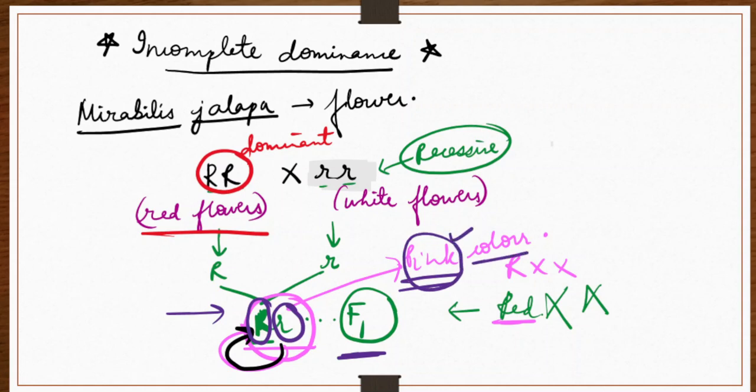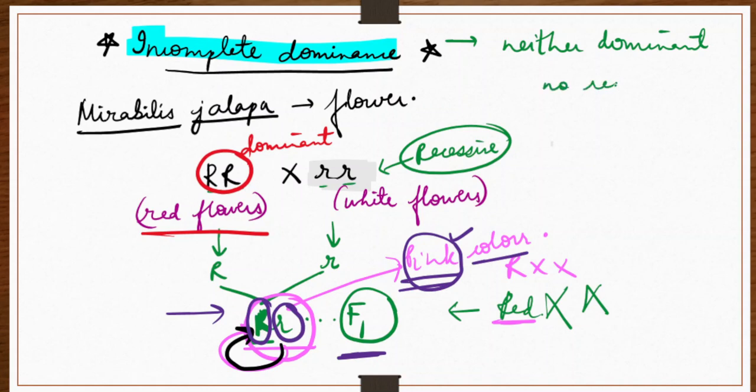So we say it is incomplete dominance. Neither the dominant expressed nor the recessive. Nobody expressed completely.